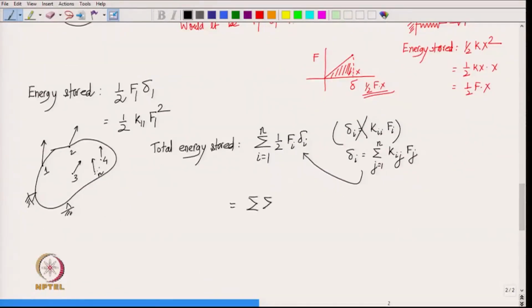We have double summation over i and j and half of K_ij of F_i into F_j. Okay. So, we are able to write down the energy stored in terms of the applied force and the influence coefficients K_ij. All right.